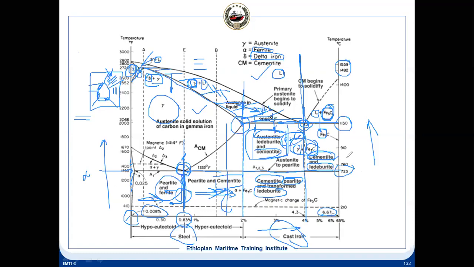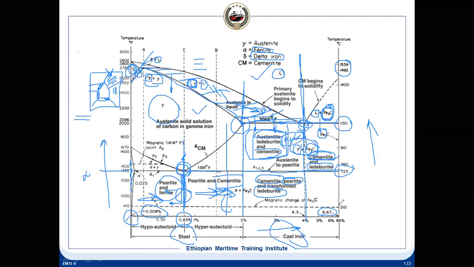That is called ledeburite. And now if you move down, all this area will have cementite, pearlite and transformed ledeburite. It means here there was austenite; some austenite will convert into pearlite and some will convert into ledeburite. That pearlite plus cementite is the ledeburite.